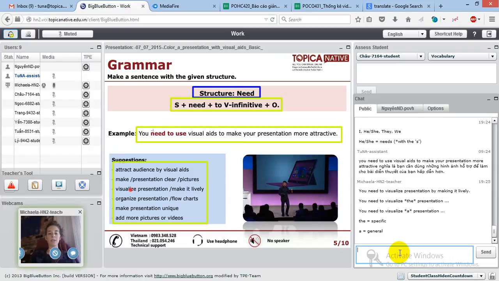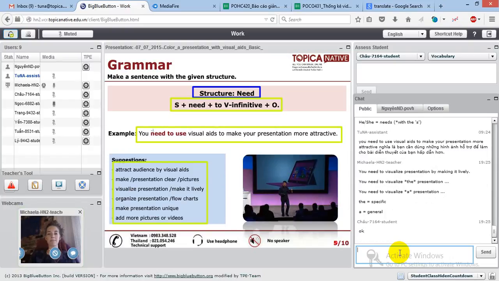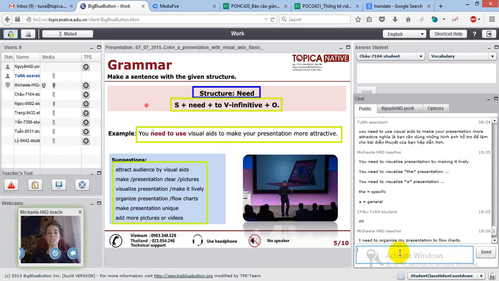Awesome. Knock, can you please make a sentence for us? Yes. I need to organize my presentation to flow chart. Okay, awesome. I need to organize my presentation to flowcharts. Okay, so you could say I need to change my presentation to flowcharts.